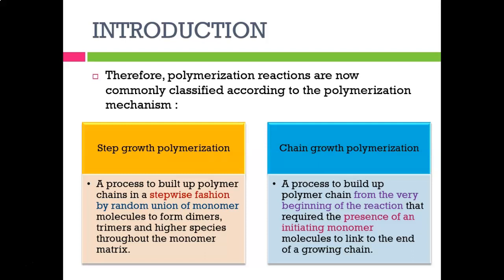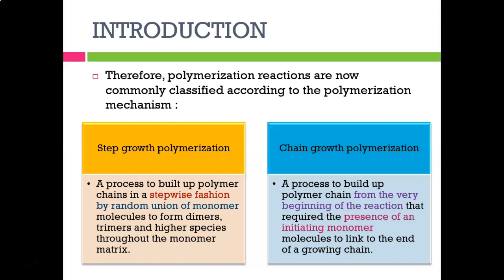While chain growth polymerization is a process to build a polymer from the very beginning of the reaction, starting from the double bond of the monomer, which reacts in the presence of an initiating molecule to link to the end of a growing chain. So chain growth requires the presence of an initiator.